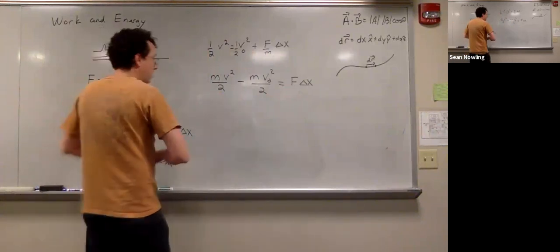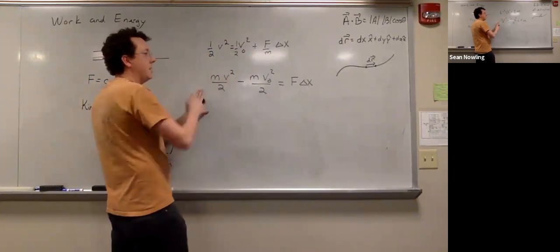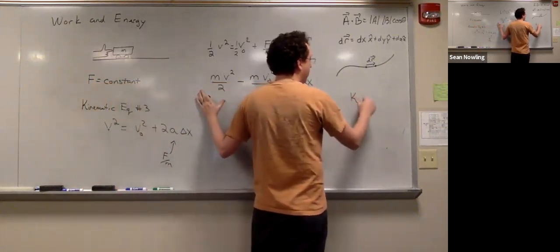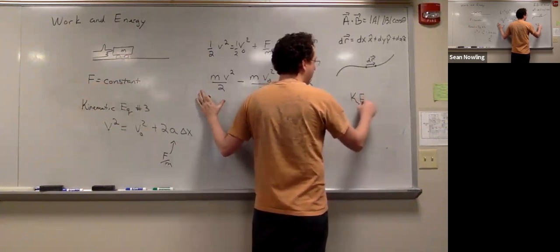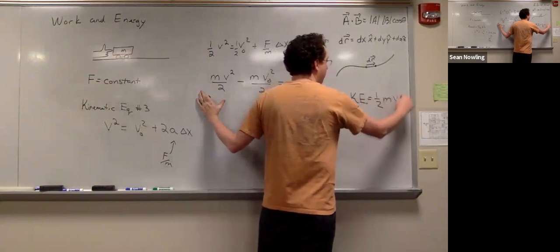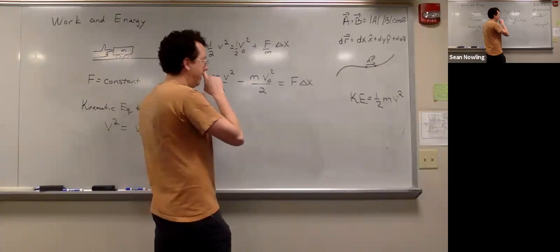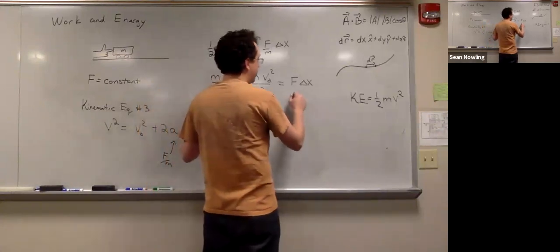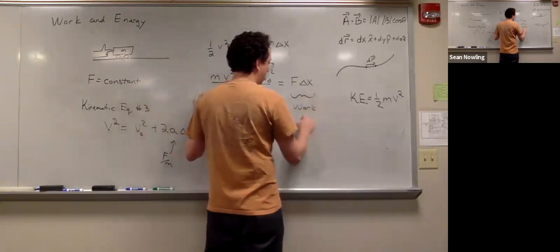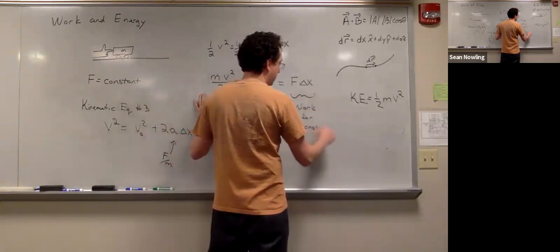Okay, so right now, what we're going to do is define this quantity to be kinetic energy. So let's write that over here. Kinetic energy, and I will just write KE, equals 1/2 the mass times the velocity squared. And I'm going to call this work for constant forces.